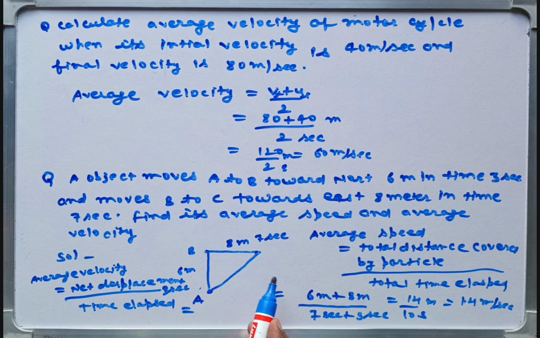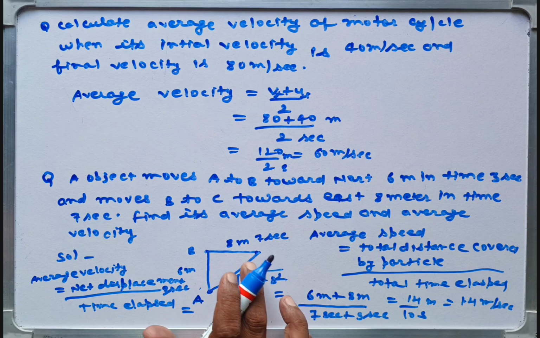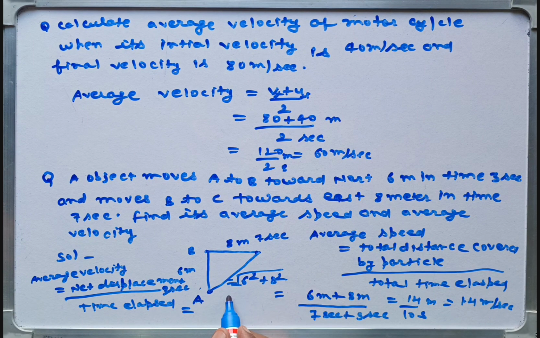So this becomes the square root of 6 square plus 8 square, because this is the hypotenuse of a right angle triangle. So this is coming 10 meter, divided by total time elapsed 7 plus 3, 10 second.